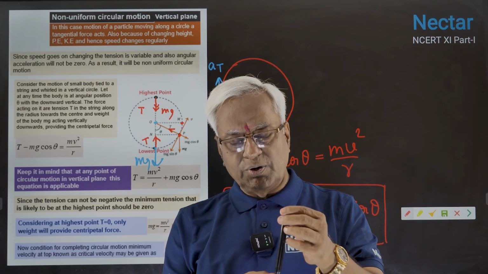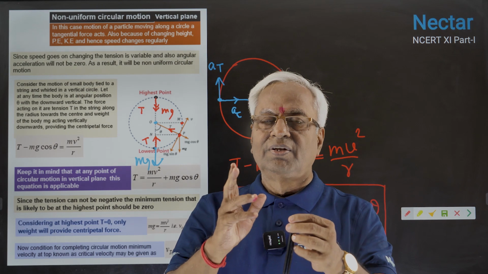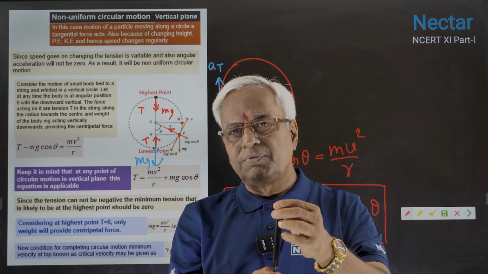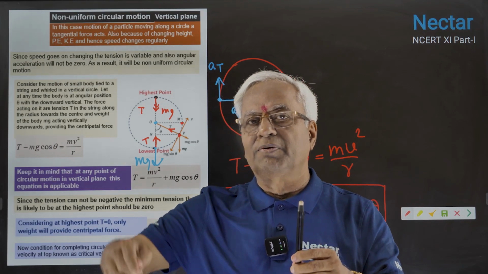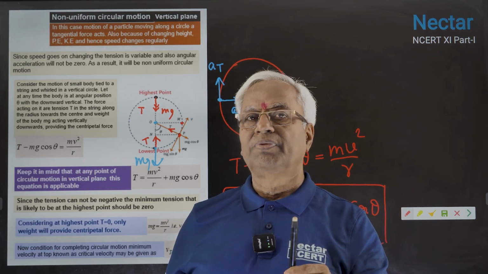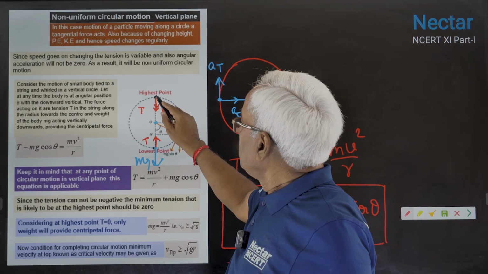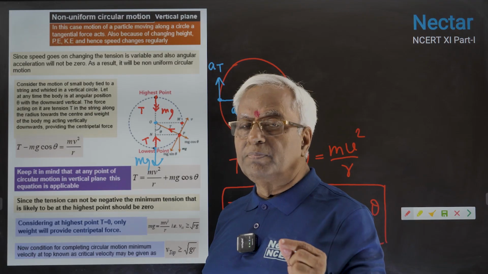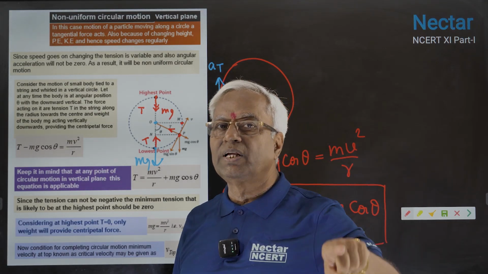Beyond, if we go further lower, it will not continue. So at every point, we want to know what is the minimum velocity that will be responsible for motion. That's what we are interested in. We want to find what is the minimum velocity or the tension at the highest point so that this motion could take place.